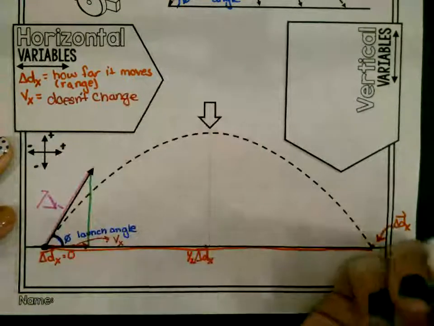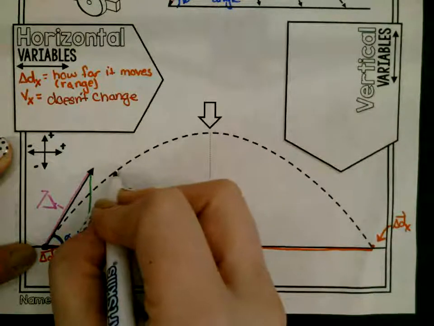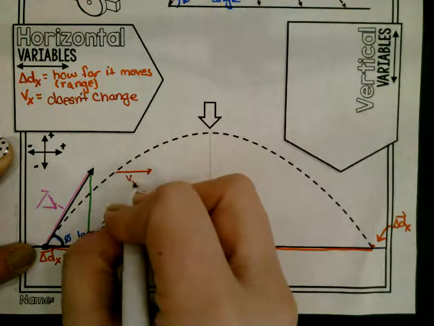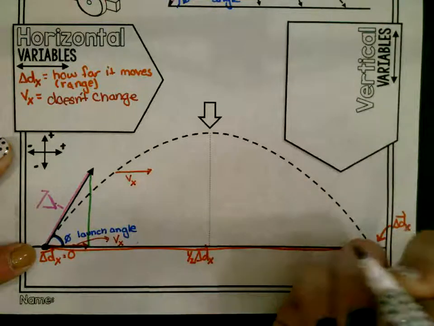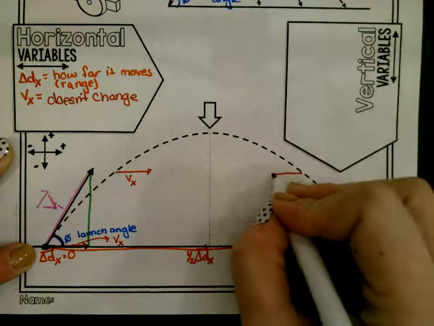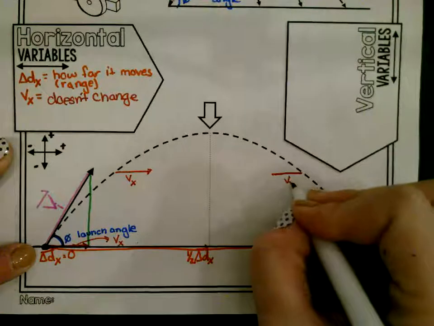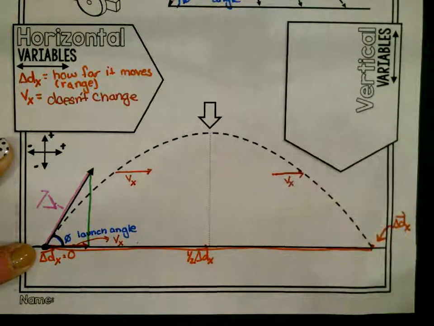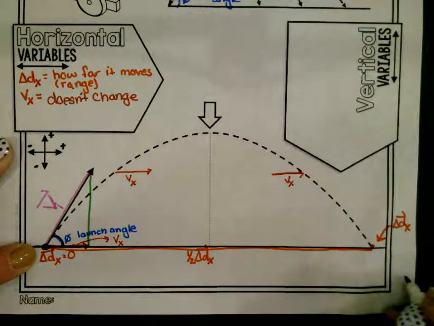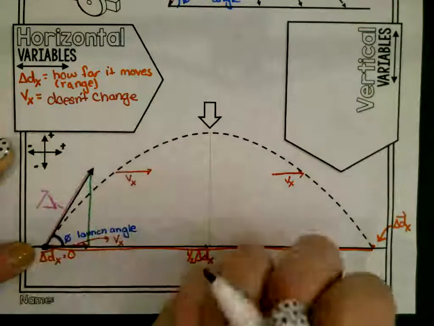So I can draw this in a few different places on my graph, and it's always going to be exactly the same distance. That velocity of x will never, ever change. So when I get down here to the very bottom, my final velocity of x is going to be the exact same as my initial velocity of x.